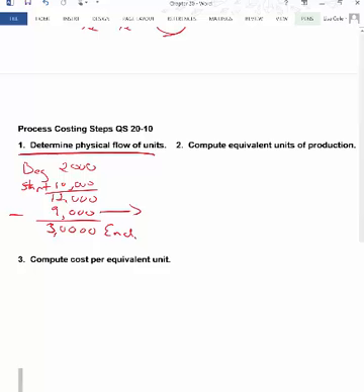Next, we want to compute the equivalent units of production. We do that in terms of our direct materials and in terms of our conversion costs. Conversion costs are direct labor plus factory overhead.